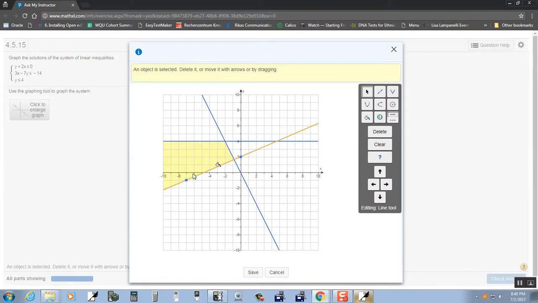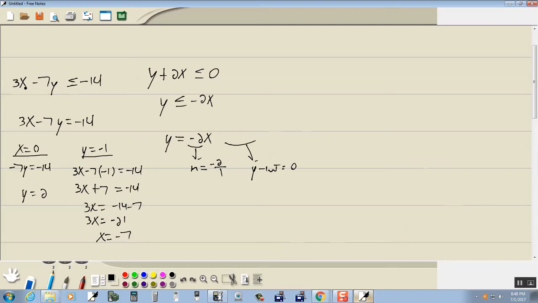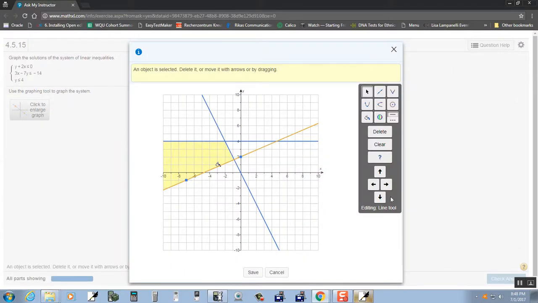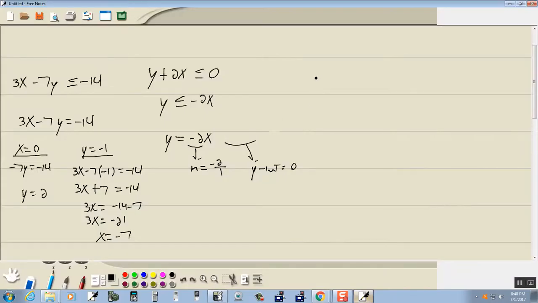So let's see. If we picked a test case up here, like negative 5, 2. Let me write it out. Okay, so negative 5, 2. This is x and this is y.